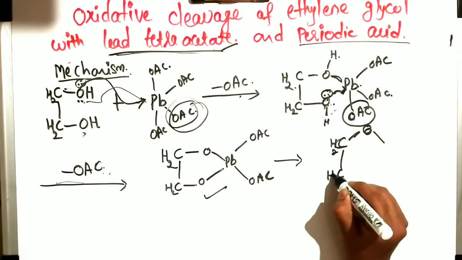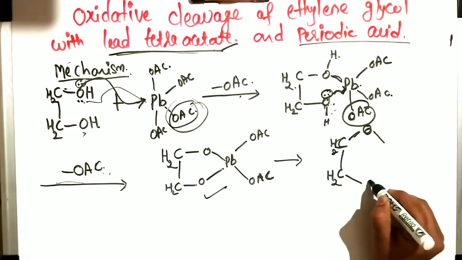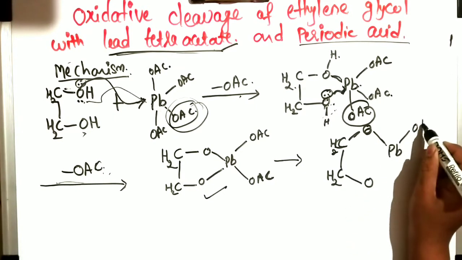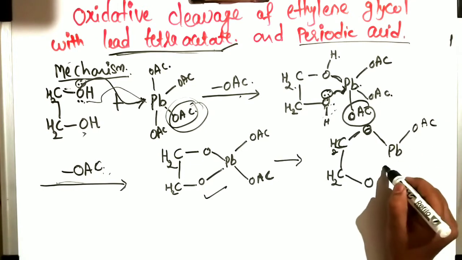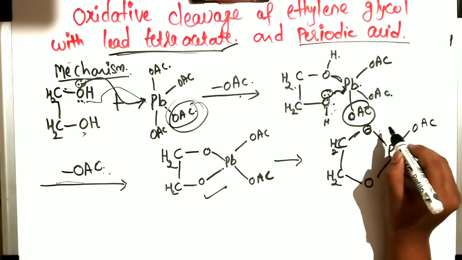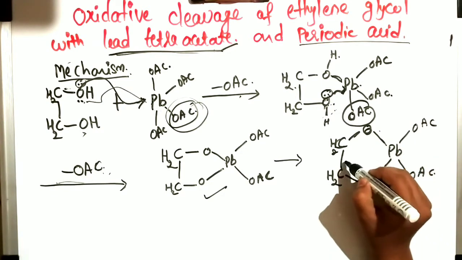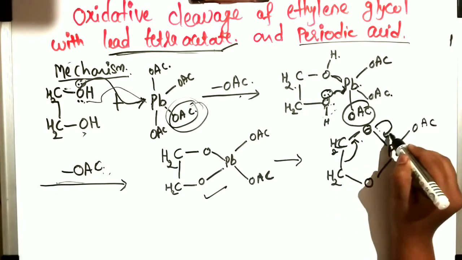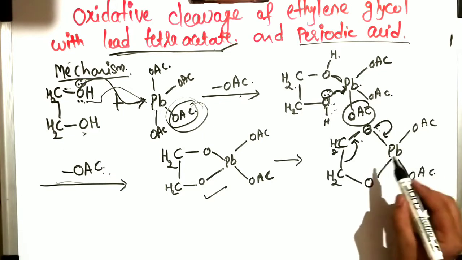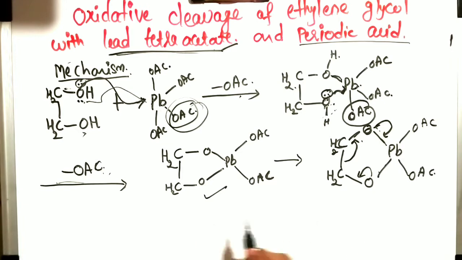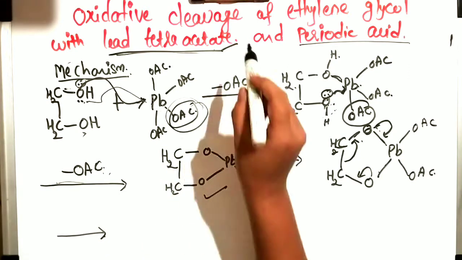CH2, CH2, O, here Pb, with one OAc group attached to one more OAc group. So what happens here is the cleavage will take place. This bond goes here and this comes here, the oxygen lone pairs, and this goes here. The cleavage taking place is the oxidative cleavage.